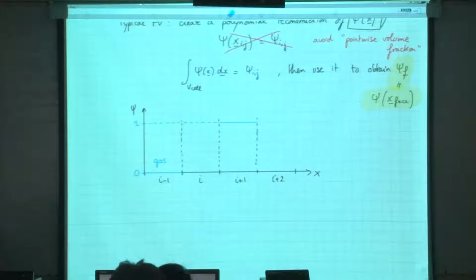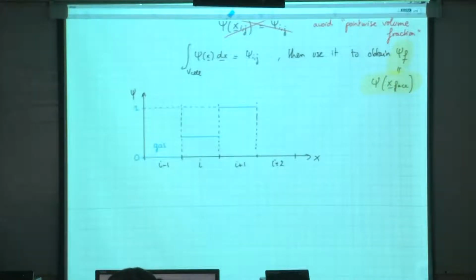And then I have some cell that contains both liquid and gas, so my volume fraction will be some intermediate value. Okay, something like this. This is a typical expected distribution of liquid volume fractions across an interface.